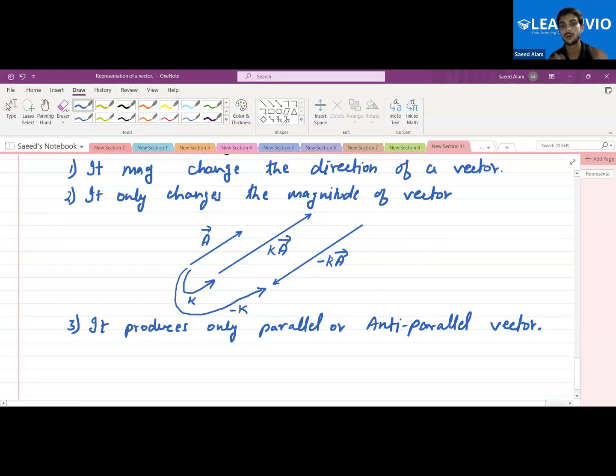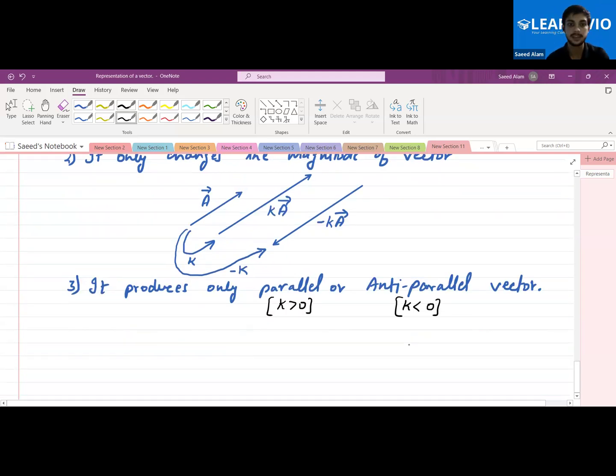Yes or no? Has this now become more generic and not specific for a particular value? Is this okay? Yes. And it will produce a parallel vector when k is greater than 0, and an anti-parallel vector when k is less than 0. Is this okay? Understood by you clearly? Yes. Okay. The next thing that we should study here is the null vector.